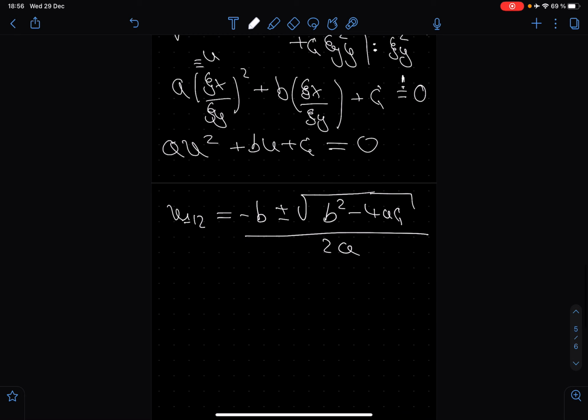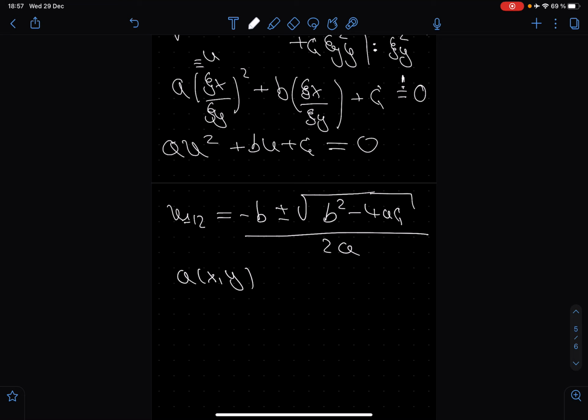As I told you in the beginning, a could be a function of x, y, but this shouldn't be too complicated, because I don't want to make it too complicated.